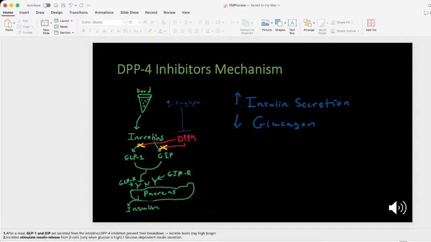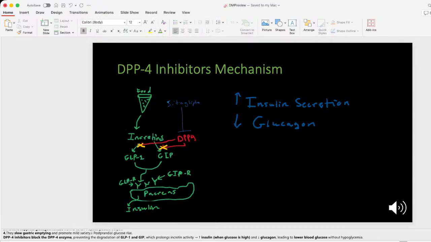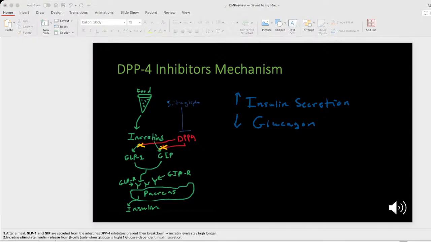You've got a GLP-1 and a GIP, and these actually get bound to the pancreas, and it will be secreted in the intestines and it's going to prevent... and give me 1 second on this mechanism because I know this can be a little confusing to some of you. Just give me a second here.